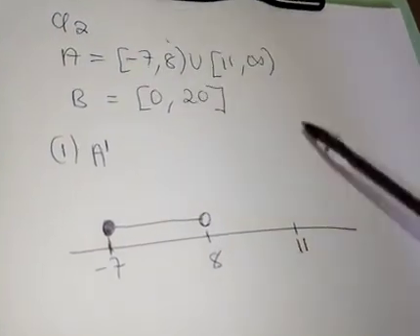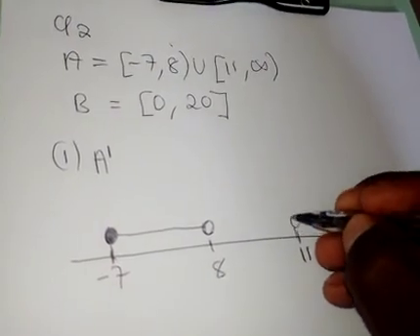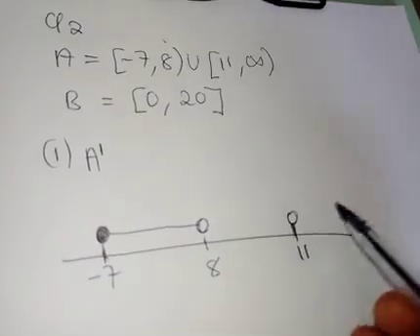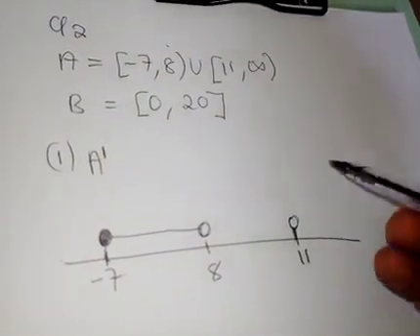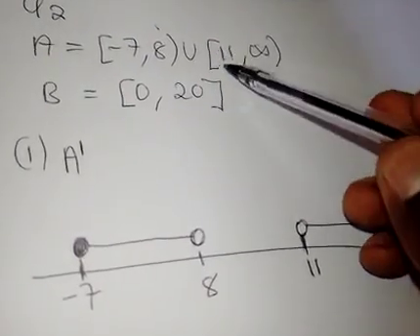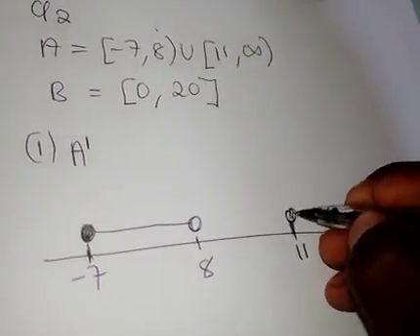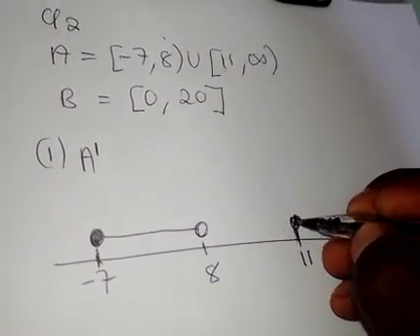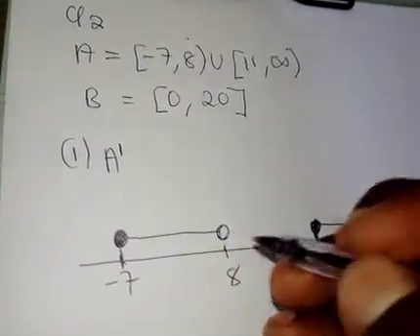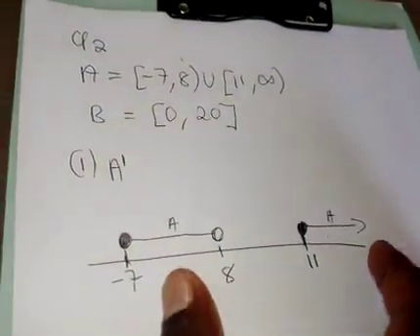Then for 11, so 11 to infinity. On top of 11 there, you draw a circle. Then going to infinity. This is positive infinity. So it's this side like that. Then before 11 we have used a square bracket, meaning you shade it. Okay, so meaning this is set A.